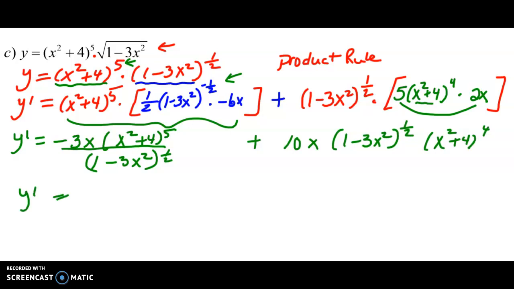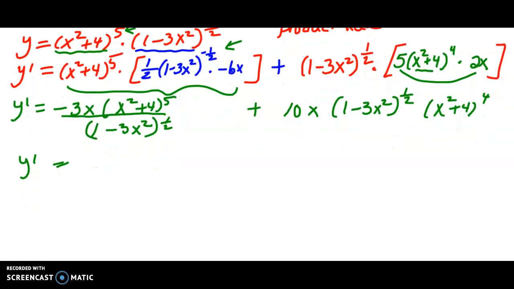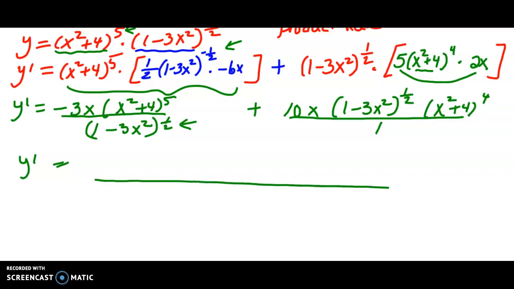So we're just going to look at tying this up a little bit more. I notice that I have a denominator, and this is all over 1. So I'm going to get a common denominator. So this expression in my denominator with an exponent half can be written as 1 minus 3x squared with a radical because the index is 2.